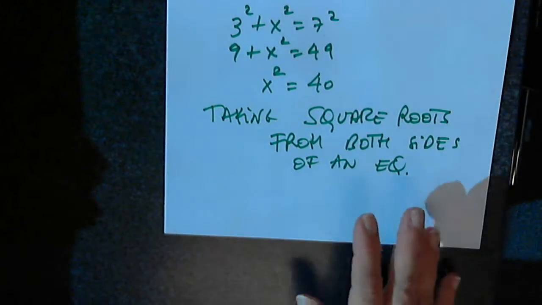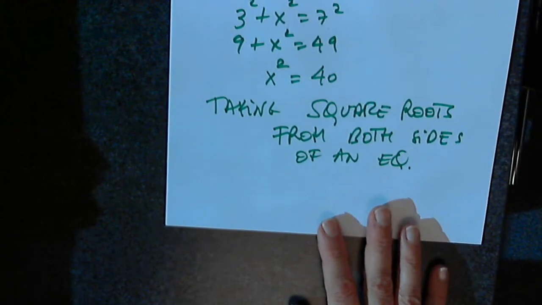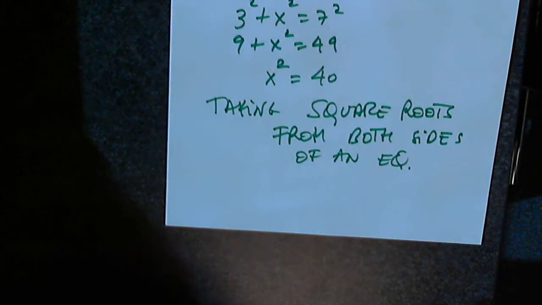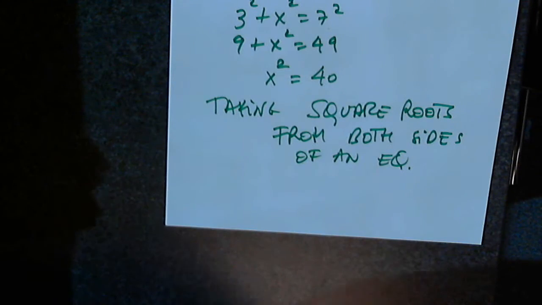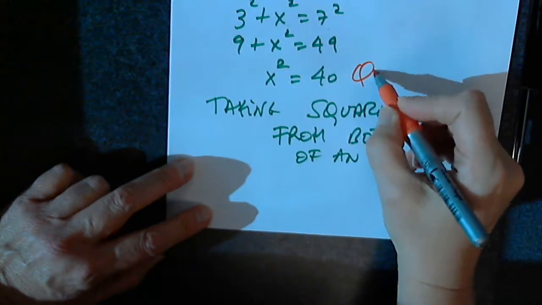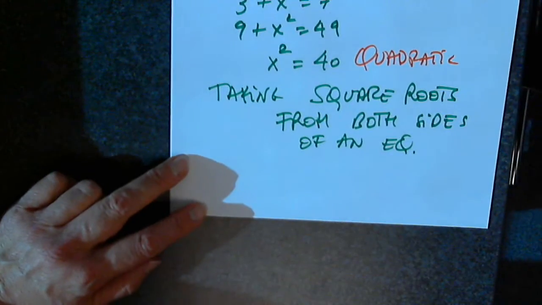Now we want to take the square root from both sides of an equation. Now, one more time, what type of equation is this? Quadratic. How many solutions will a quadratic equation have no matter what? Yes. So this is quadratic, and I expect 2 solutions.